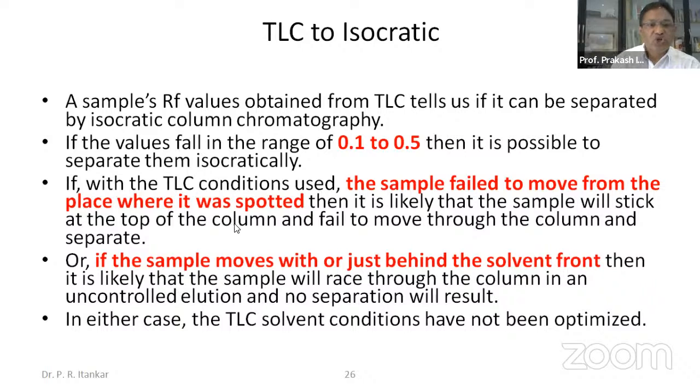So the conditions that we have used in TLC help us in knowing the characteristics of the constituents, number one, through their Rf value. Second, it gives us the information about the kind of solvents that you had used while developing that plate.